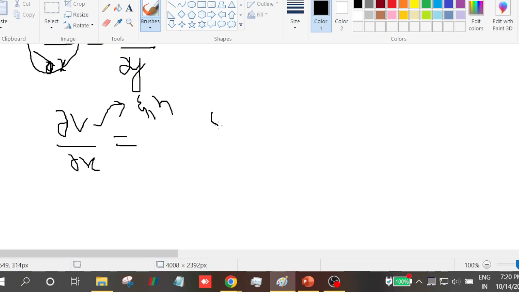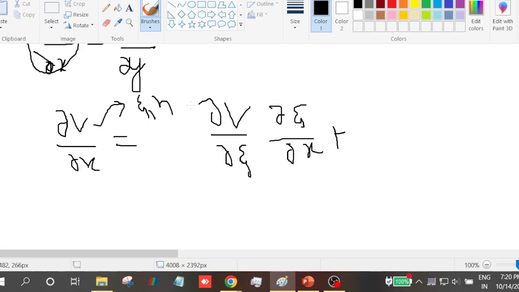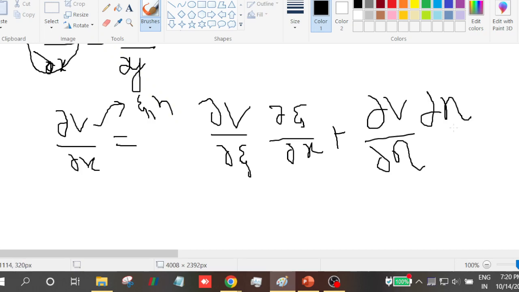So dou v by dou x is dou v by dou zeta into dou zeta by dou x. Also, since v is a function of eta too, we add dou v by dou eta into dou eta by dou x. I hope this chain rule expansion is clear. If not, please let me know if you have any queries in the chat box.